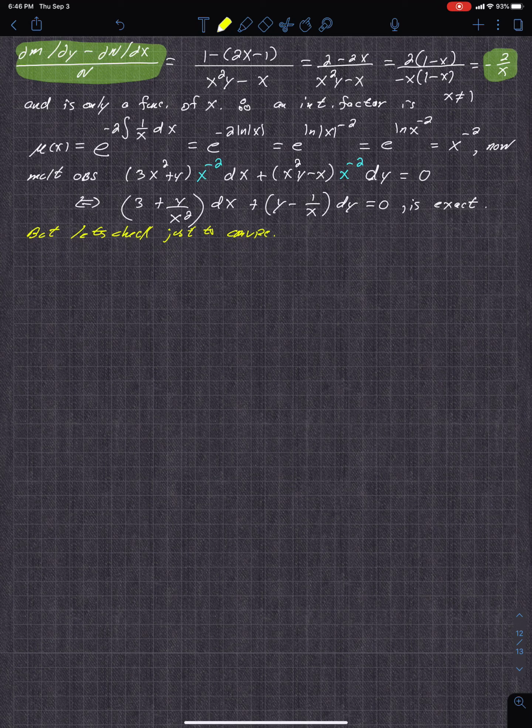So this is your M(x,y), this is your N(x,y). If you do your calculation, the partial of M with respect to y is 1 over x squared, which is equal to the partial of N with respect to x, which is also 1 over x squared. So it works.